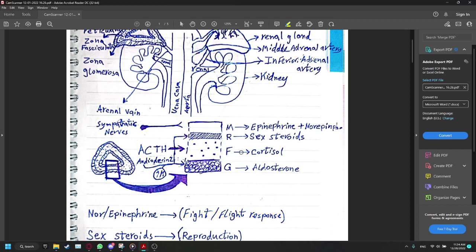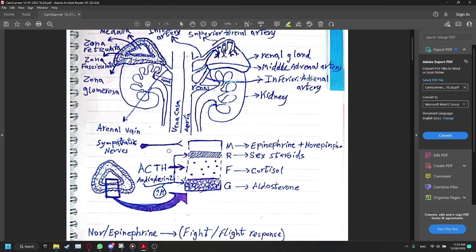However, it only works for a short amount of time, not a long period. It's produced by the sympathetic nerve and parasympathetic nerve.